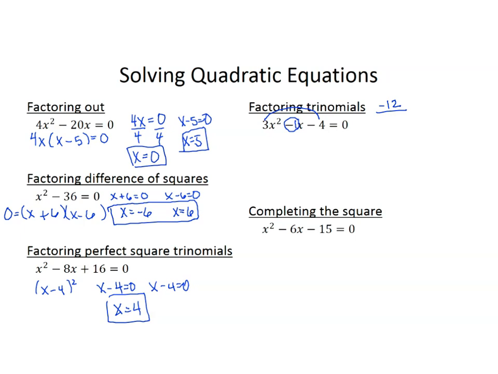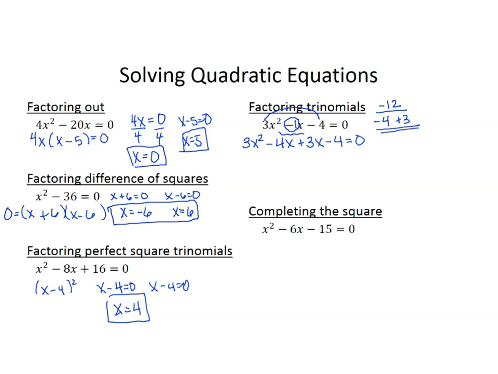So two numbers that I could think of would be negative 4 and a positive 3. So we replace the middle term with those two numbers. We have 3x squared minus 4x plus 3x minus 4. So this middle term got replaced with the two terms that we found, negative 4x and positive 3x.